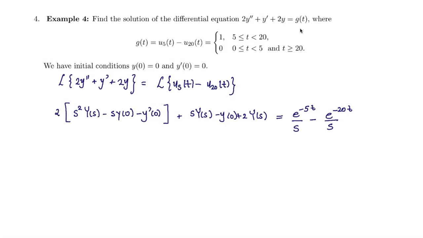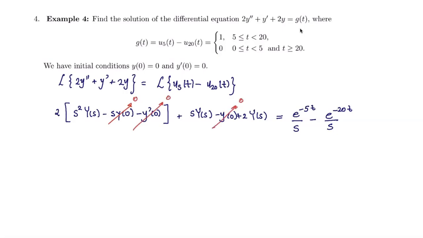If you need to look at a table of Laplace transforms in order to verify that this is indeed the Laplace transform of these two functions here, that is perfectly fine. We observe that y(0) is going to evaluate to 0, and y'(0) will evaluate to 0.